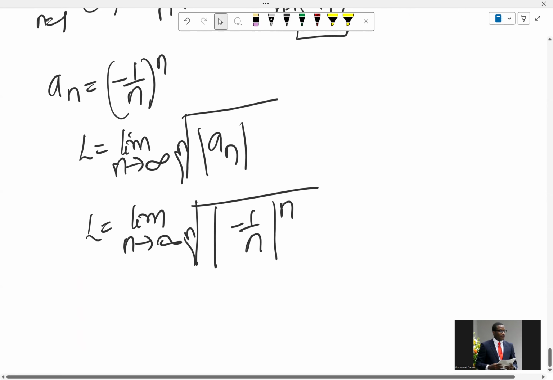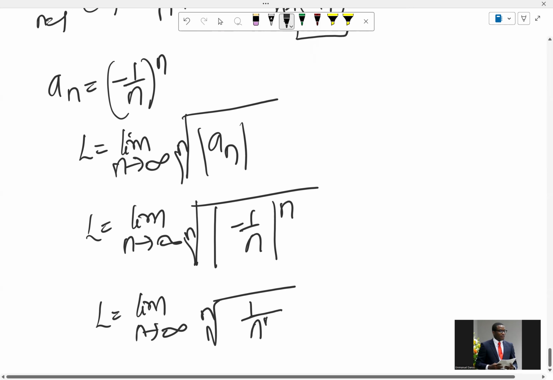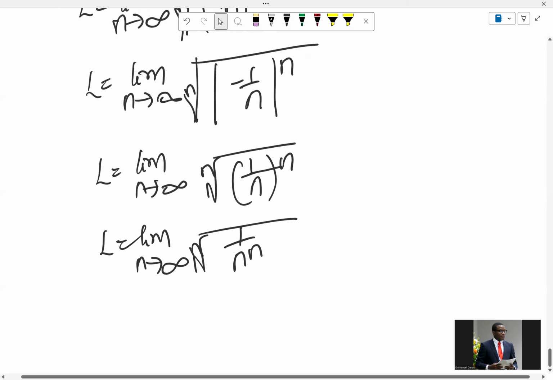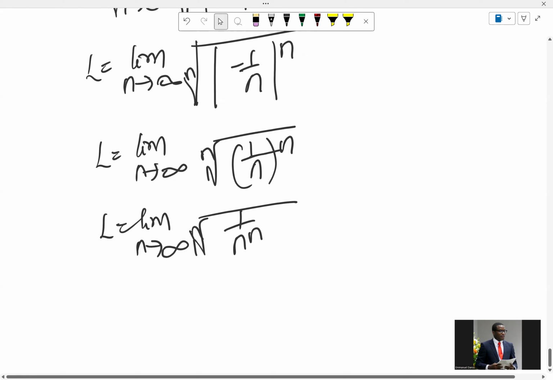Because it's absolute value, we can say the limit as n approaches infinity of the nth root of 1 over n, raised to power n. Let me go a bit slower.